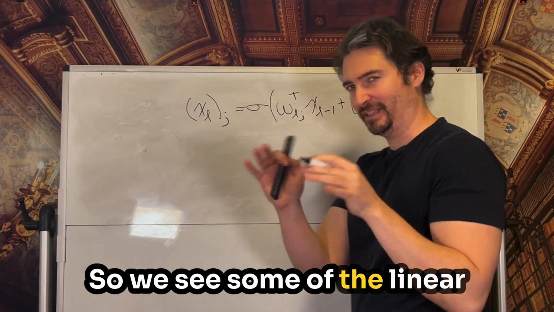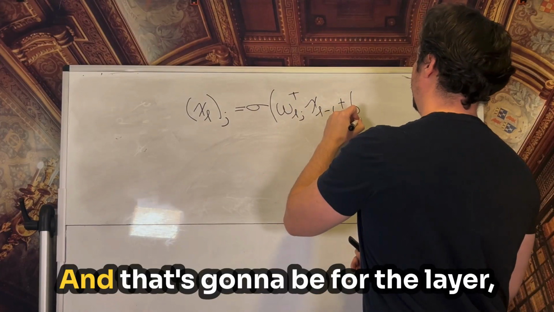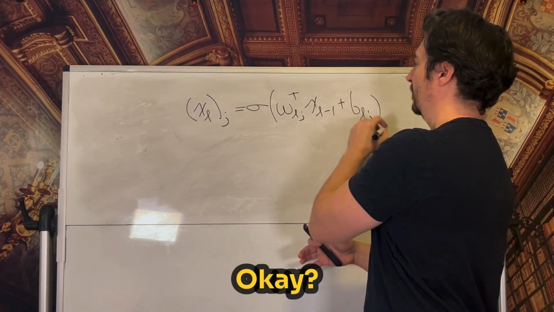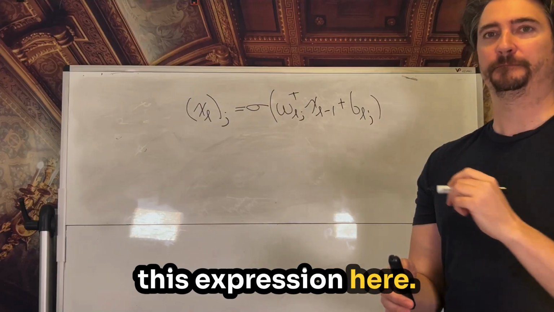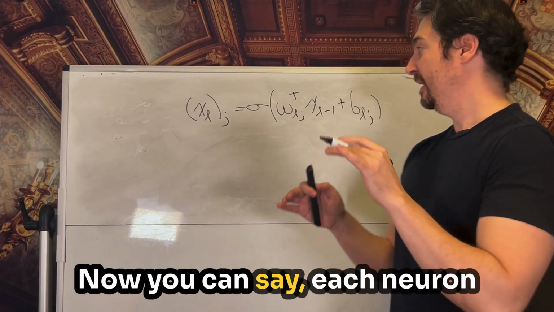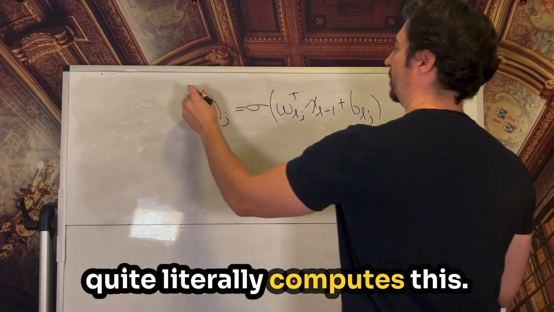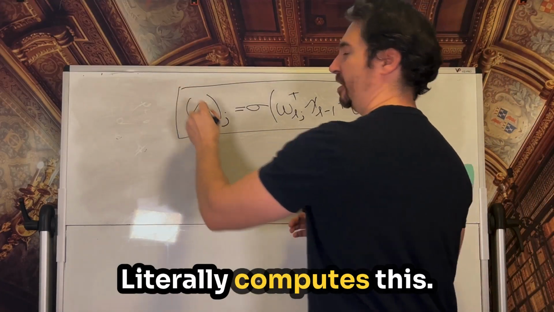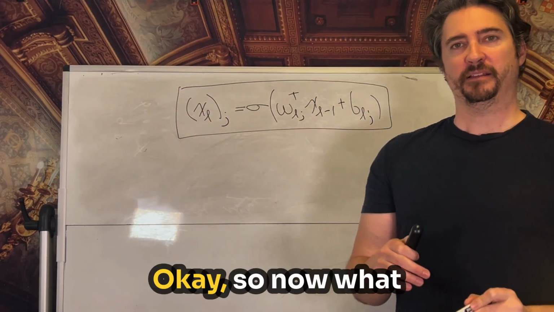So we see some of the linear stuff still in there. That's for the layer and for the neuron. We're going to have this expression here, and each neuron quite literally computes this.